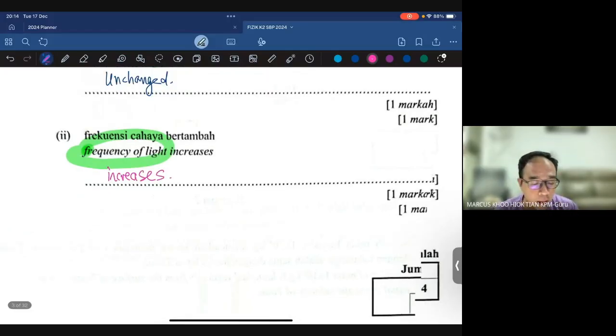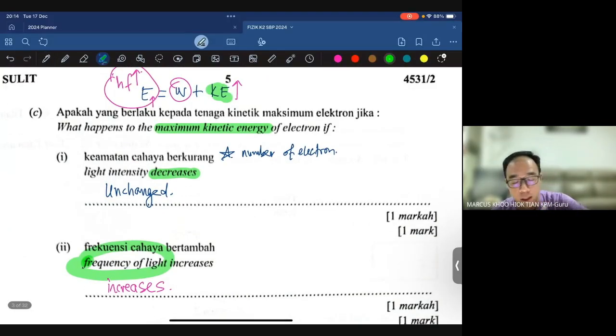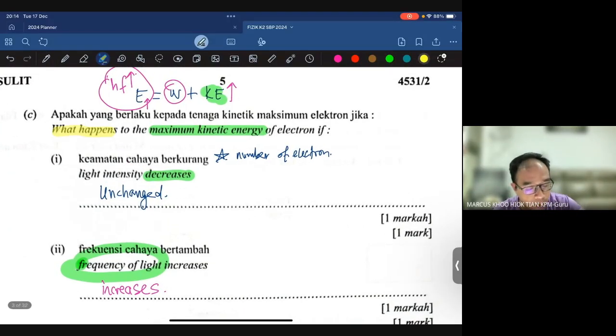Just to remind you once again, if you see a question that says what happens, there are generally three types of answers: increase, decrease, unchanged. Either one of these. Even in an exam, if you're so blurred that you don't know how to answer, but you know that the question says what's going to happen, just take a shot. Most of the time, it's one of these three answers.